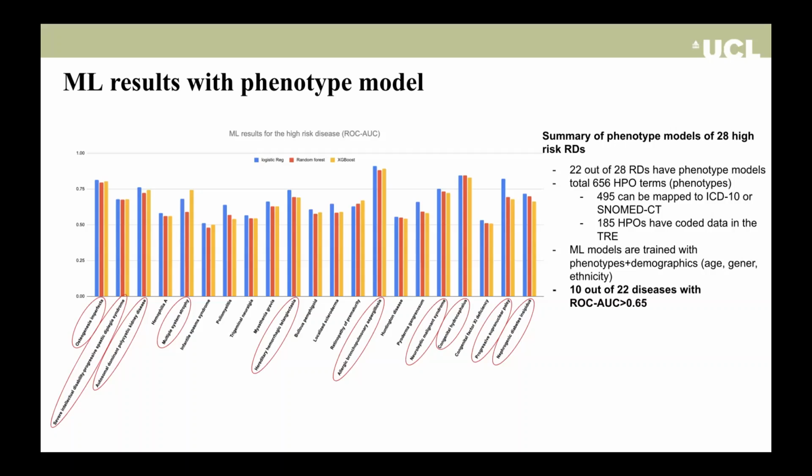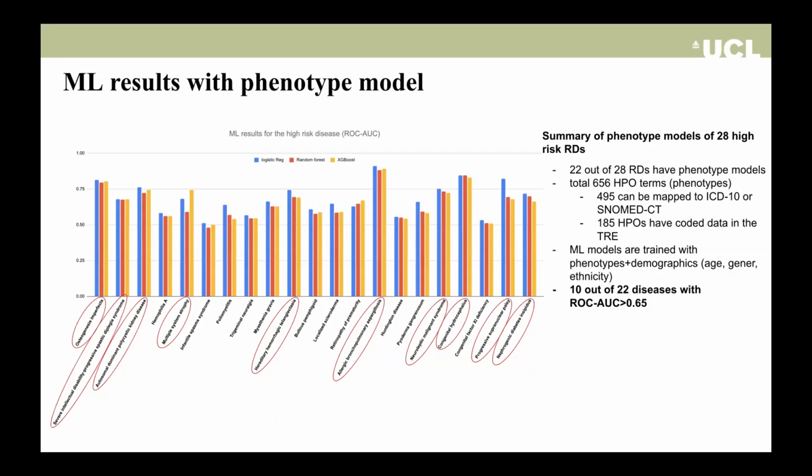And we combine the phenotypes and the demographic features such as age, gender, and ethnicity to train the machine learning algorithm. For the machine learning model, we chose logistic regression, random forest, and XGBoost. And here are the ROC AUC scores.